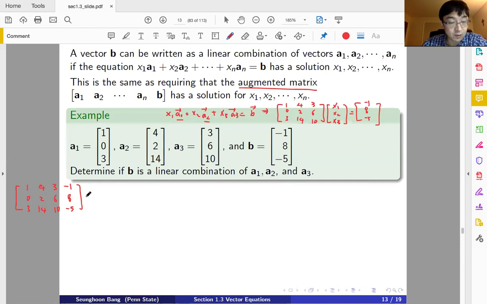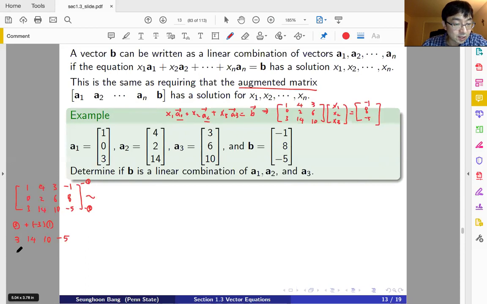How can we change it? You have to eliminate the 3 first. This is the third row and this is the first row. The third row plus negative 3 times the first row. The third row is 3, 14, 10, -5.